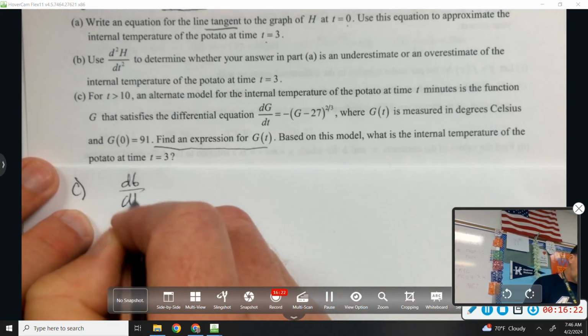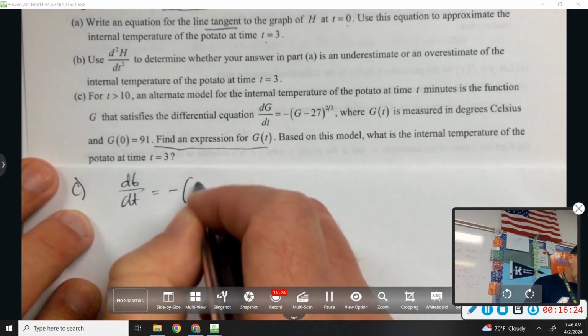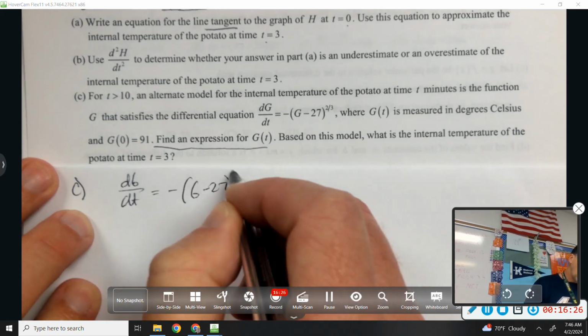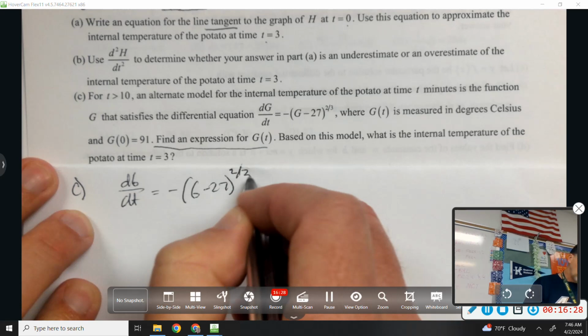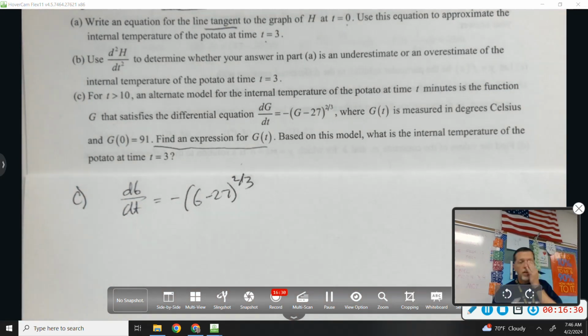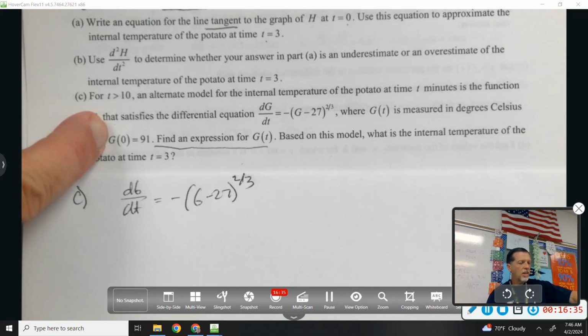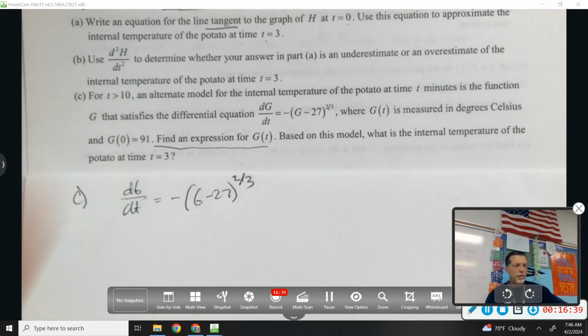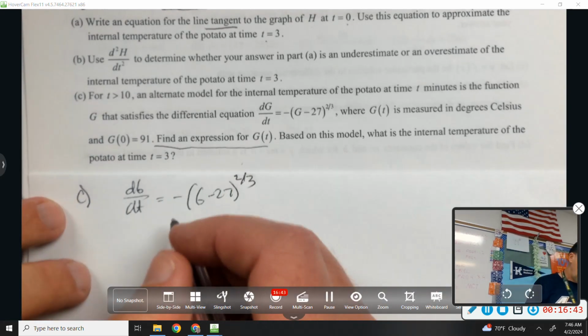So dg/dt equals negative (g minus 27) to the 2/3. So we want to solve that. Here's my initial condition. It'll tell me what c is, and then I'll plug in time equals 3. So let's see.